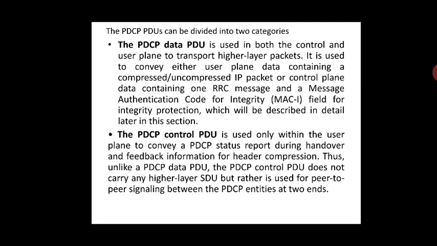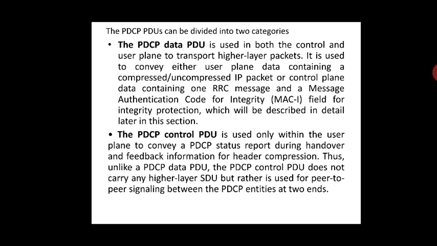Further, the PDCP PDUs can be divided into two categories, that is PDCP data PDU and PDCP control PDU. The data PDU is used in both control and user plane to transport higher layer packets, and is mainly used to convey either user plane data or compressed or uncompressed IP packets, or control plane data containing the RRC message and message authentication, since the message authentication will be performed in PDCP.